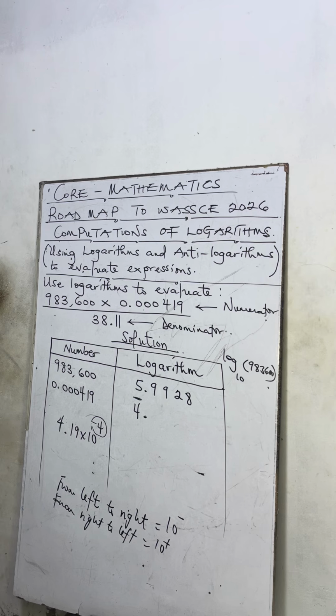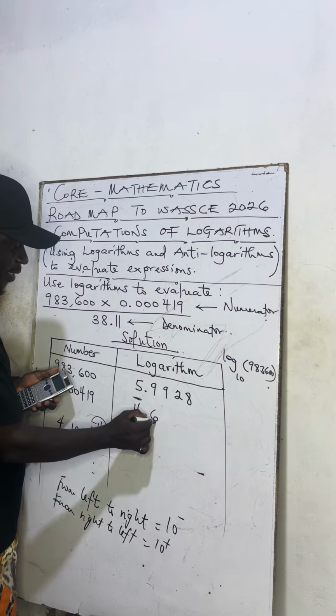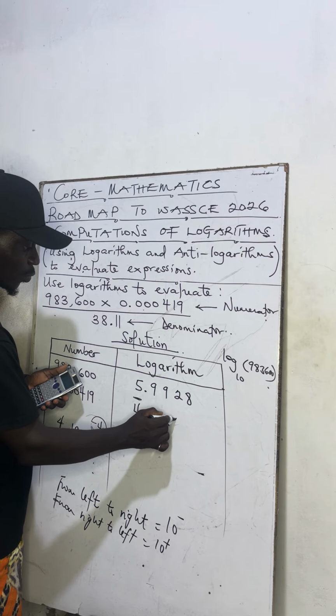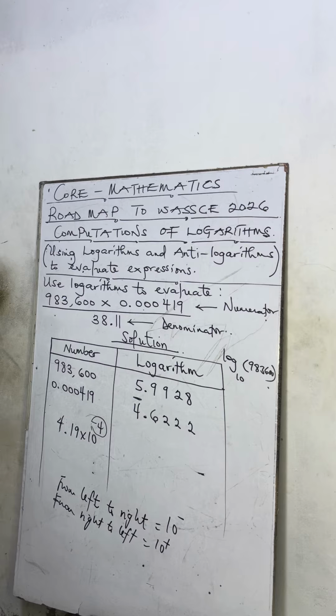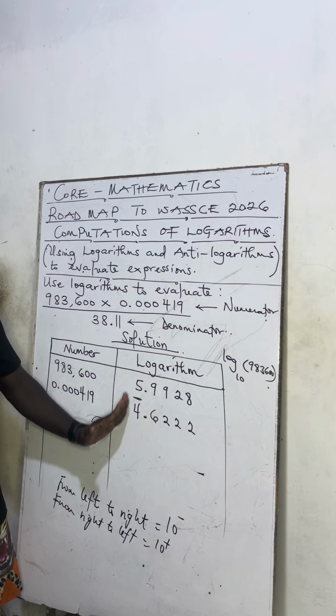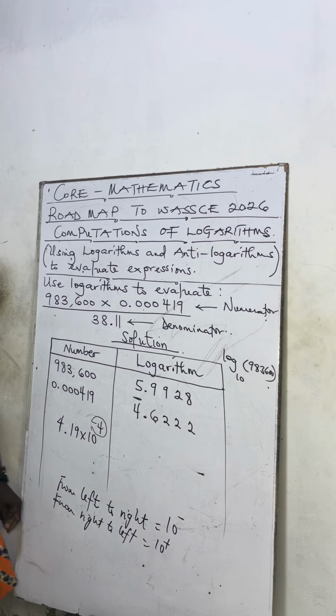So log of 4.19, then we obtain what? 0.6222. Don't forget we have a decimal point here. So we just write 6222. Make sure your arrangement is in line nicely.